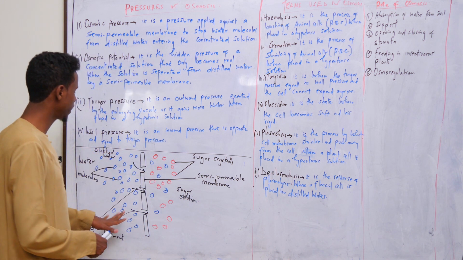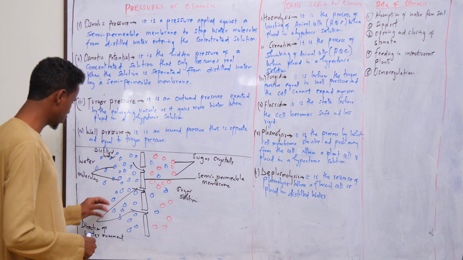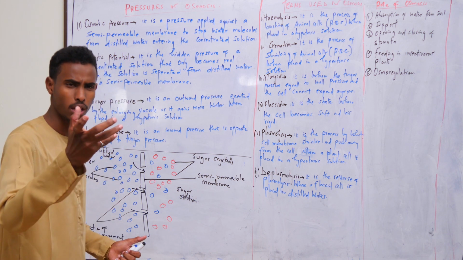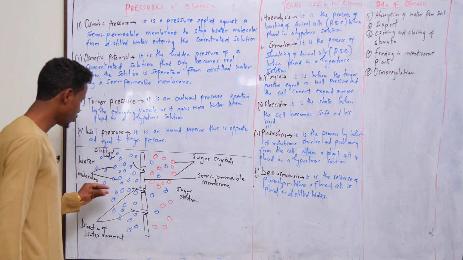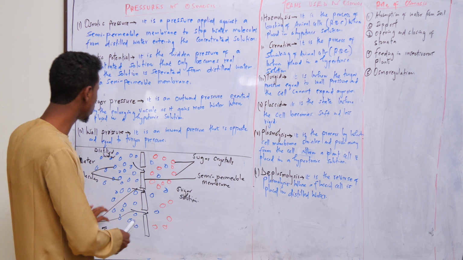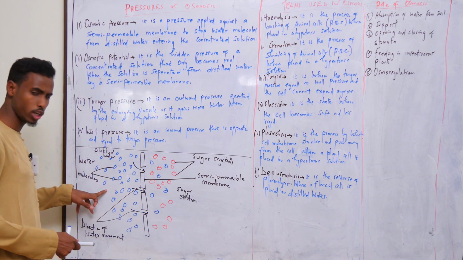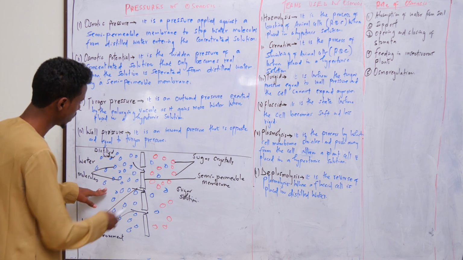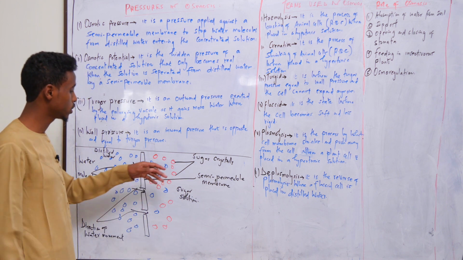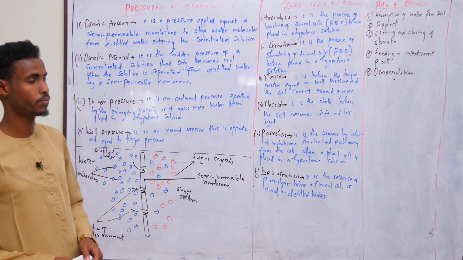And this is the dilute solution. And therefore, we said osmosis is the process by which water molecules move from the region of high water concentration to the region of low water concentration, and as such, water molecules will move from this region and will enter into the sugar solution based on the definitions given.